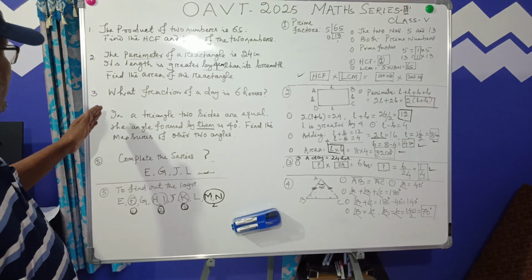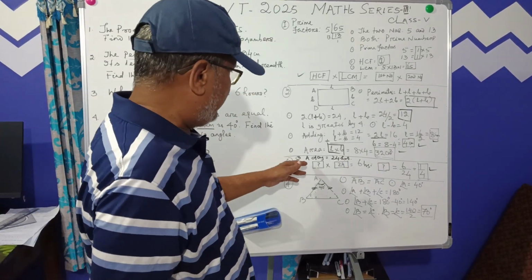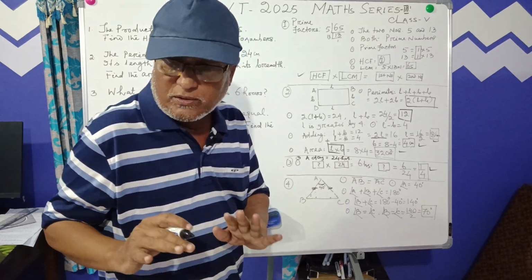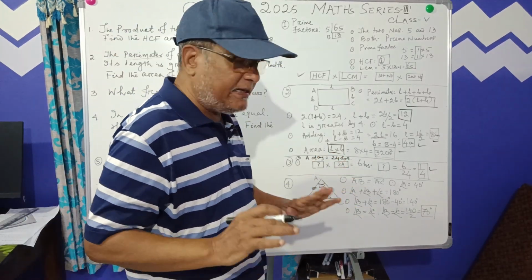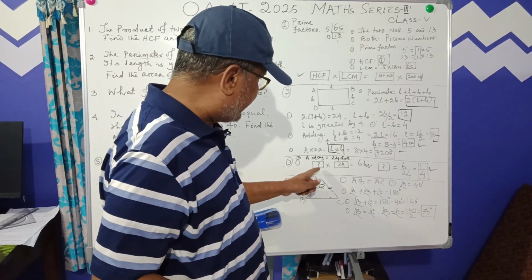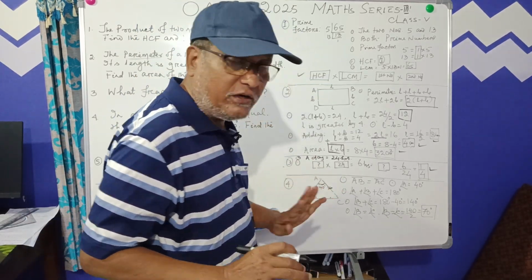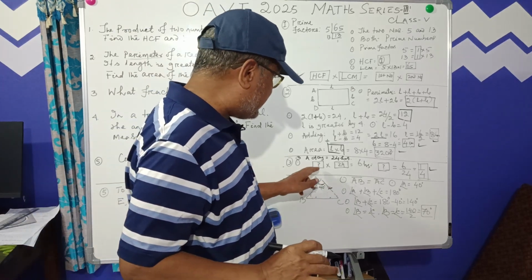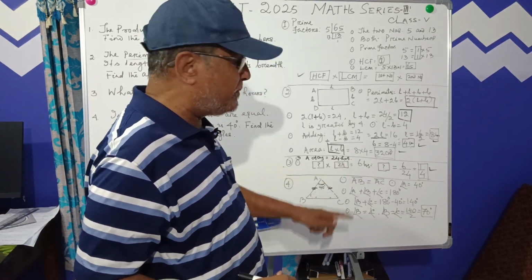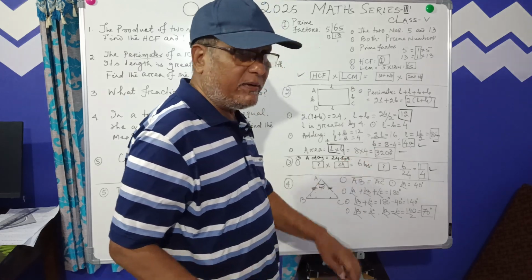So now we got the answer, 32 square centimeter. Next, what fraction of a day is 6 hours? You know, a day is equal to 24 hours. What fraction? So make a rectangle and put an interrogative mark. This is not given, this is not known. That fraction of 24 hours is equal to 6 hours.